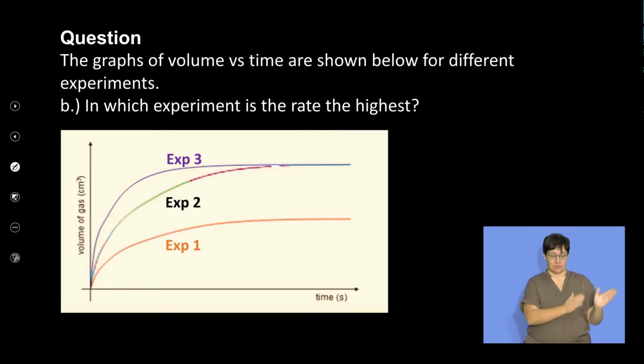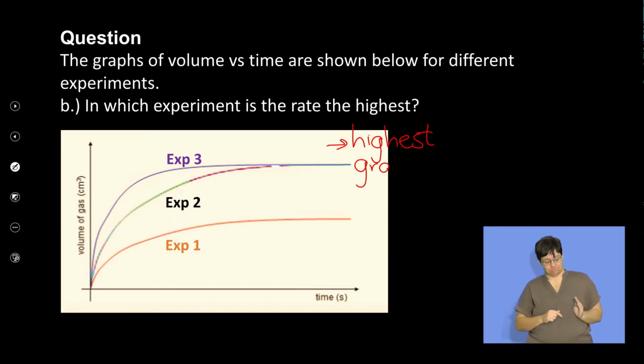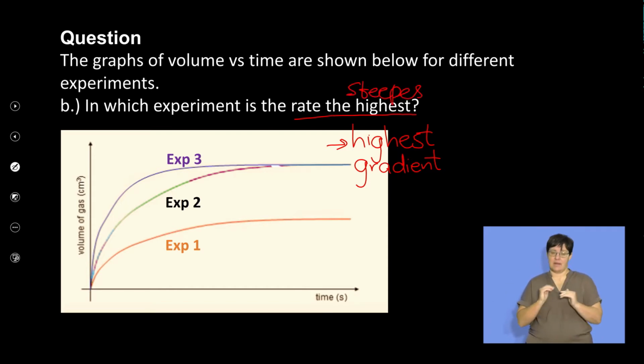The next question, in which experiment is the rate the highest? Now again, when we look at highest rate or lowest rate on a graph, we look at the gradient of the graph. When you talk about a high rate, your gradient will normally be at its steepest.